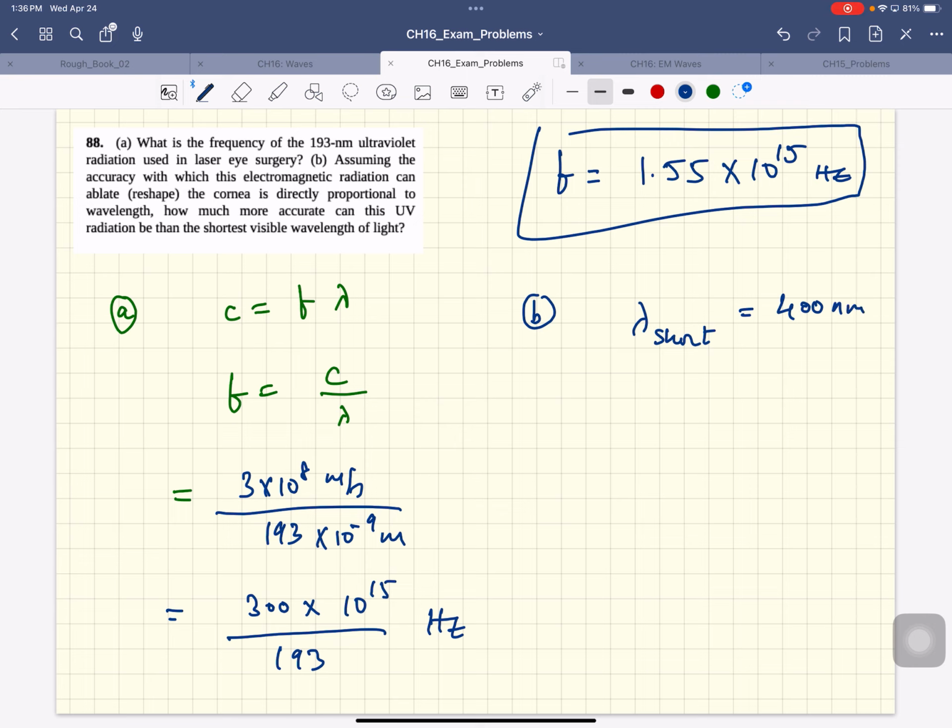So we take 400 nanometers divided by 193. Essentially, by a factor of 2.